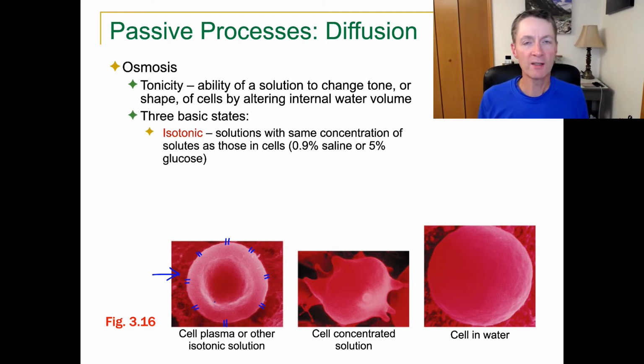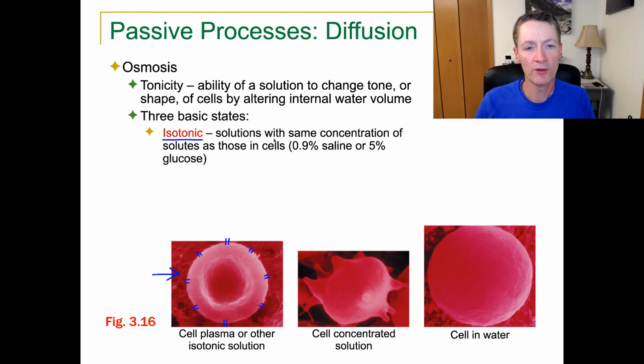There are three basic states we can think about when we compare the concentration of fluids outside a cell to that inside of a cell. If the concentrations inside of a cell and outside the cell are the same, we would say that it is an isotonic solution outside of that cell.